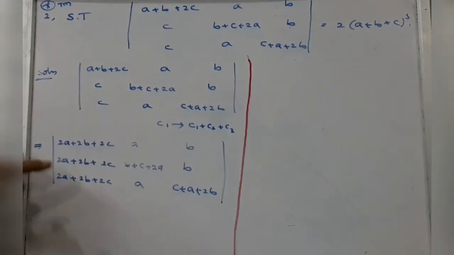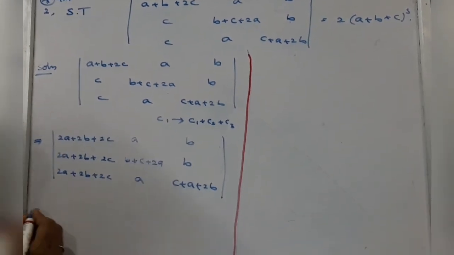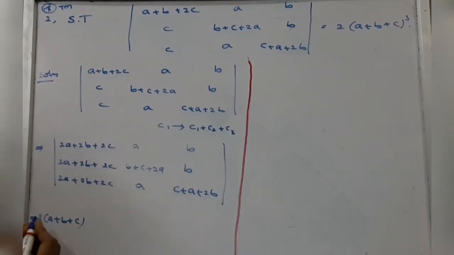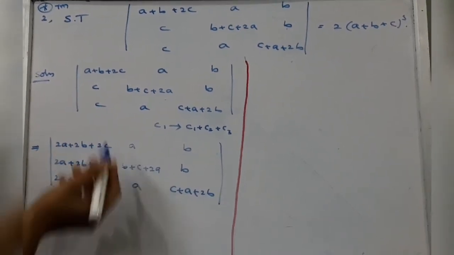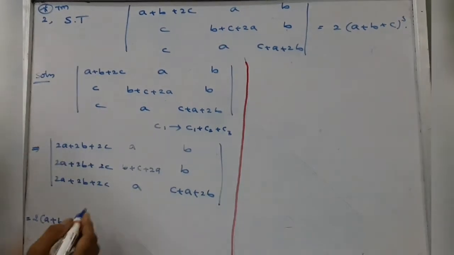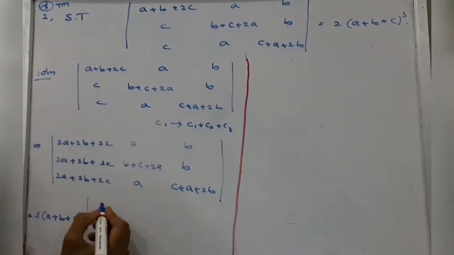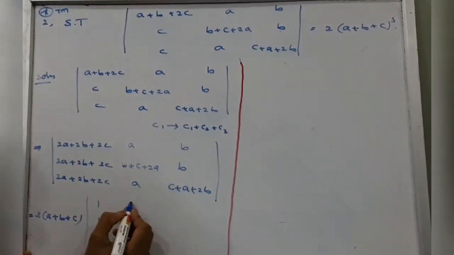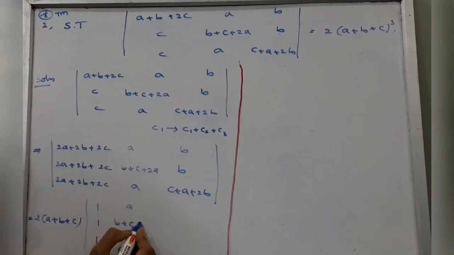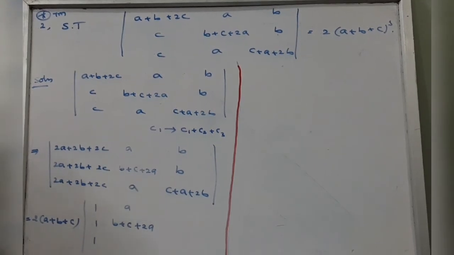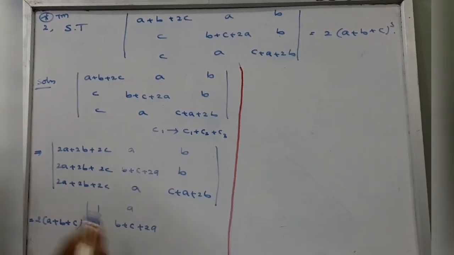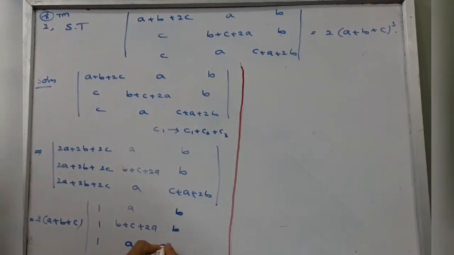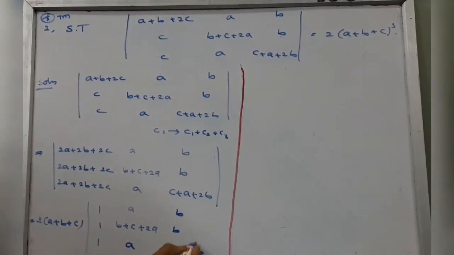Total 2 of (a plus b plus c) as common from the first column. The remaining term will be 1, 1, 1. Remaining two columns are same: a, b; b plus c plus 2a, b; a, c plus a plus 2b.